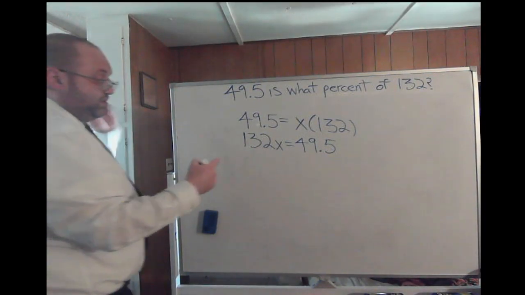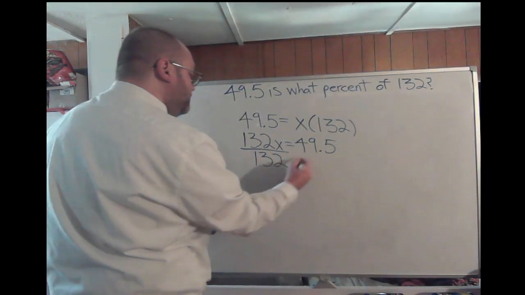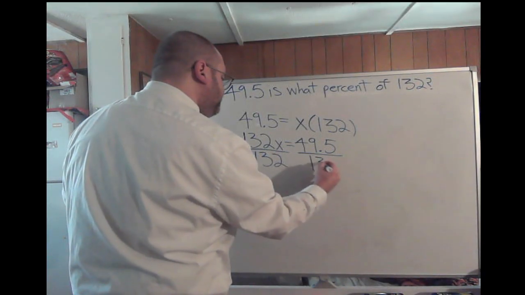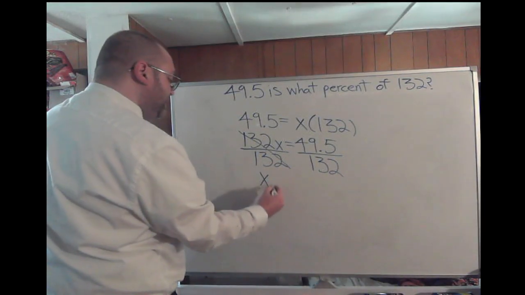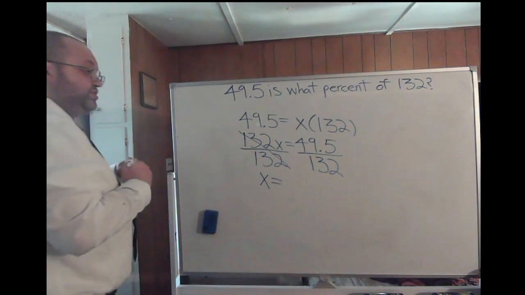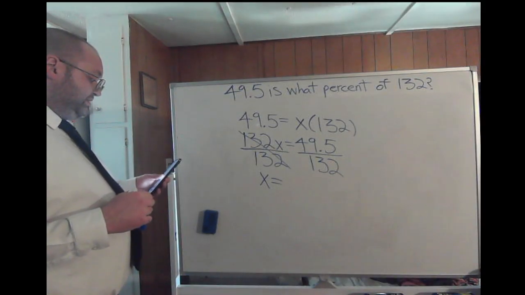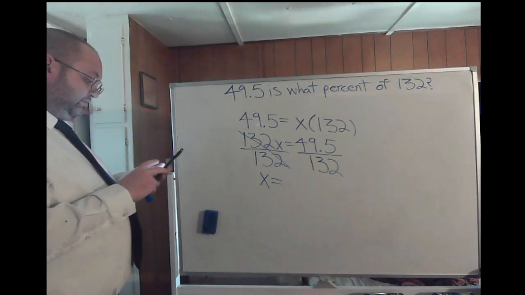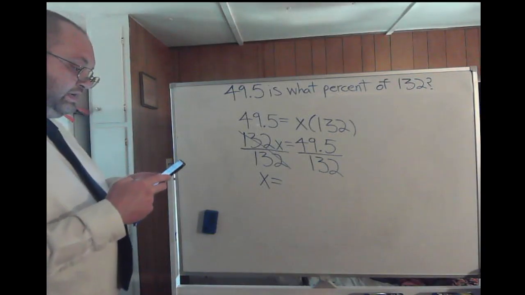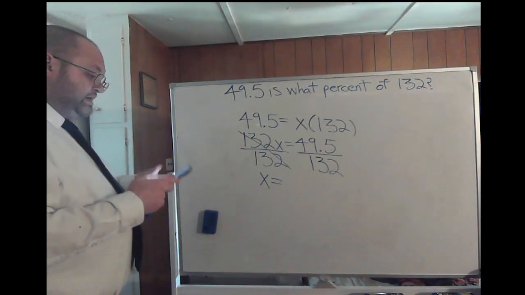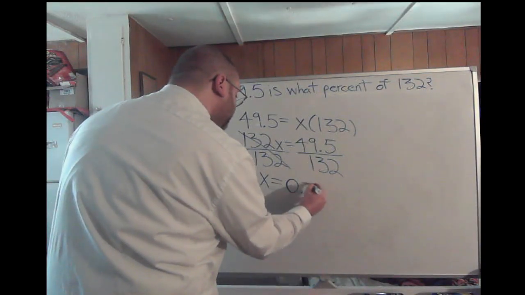All right, well, we want to solve for x, so we got to divide both sides by 132. Left side, 132 cancels out. You're left with x. That's equal to whatever 49.5 divided by 132 is. That's going to be equal to 0.375.